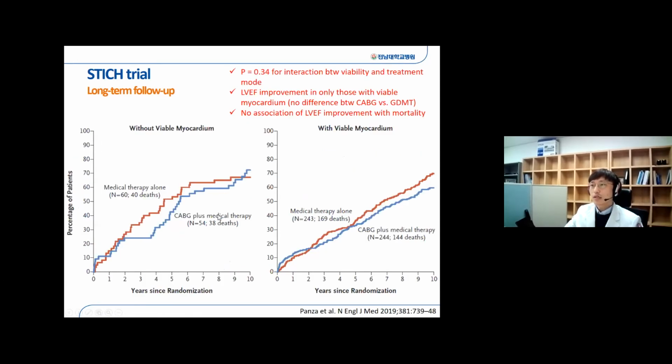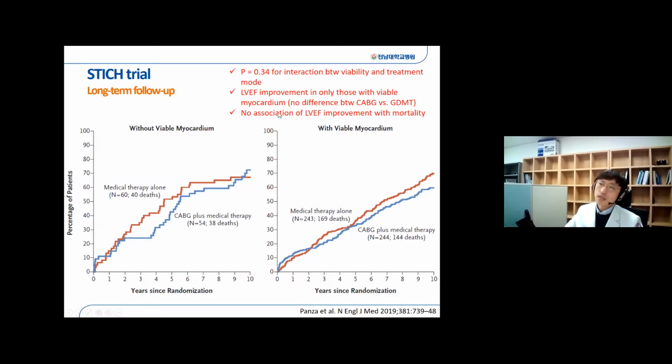However, unfortunately, there was no definite interaction between the presence of viable myocardium and treatment mode, CABG versus medical therapy. LV ejection fraction improvement was observed only in those with viable myocardium, but it was not associated with mortality.